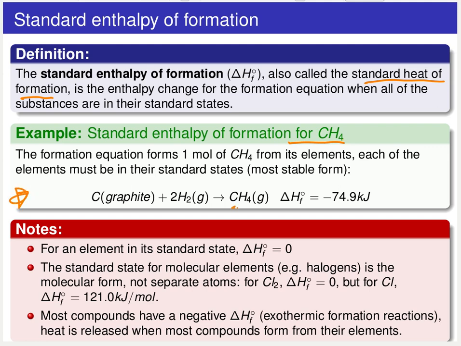We are forming 1 mole of whatever substance is of interest here. And so that's one of the criteria that we have for writing these standard enthalpies of formation. Just for ease of comparison with other compounds, we always assume 1 mole of that compound of interest is being formed, okay? And then we form that compound of interest from its respective elements in their most stable form, okay?